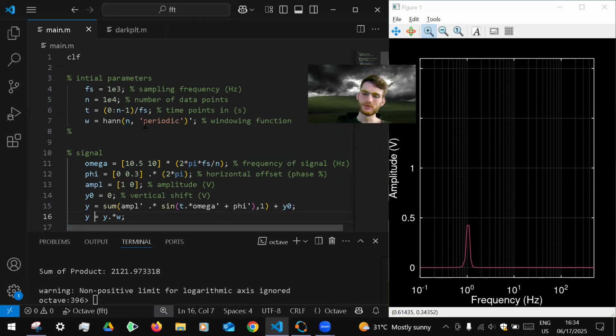A windowing function is useful, but there is a pro and a con. The pro is that it can make certain frequencies stick out when they are hard to see due to spectral leakage. The con is windowing functions can make it hard to see two frequencies that are close together in the frequency plot.